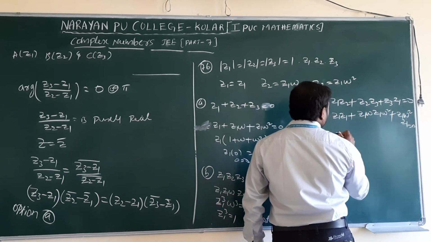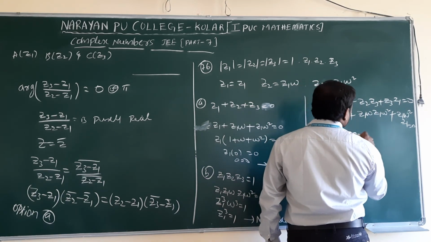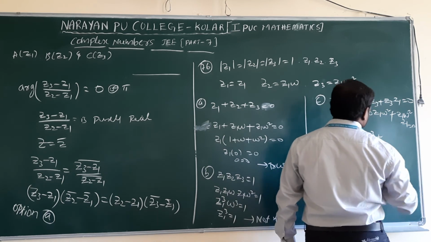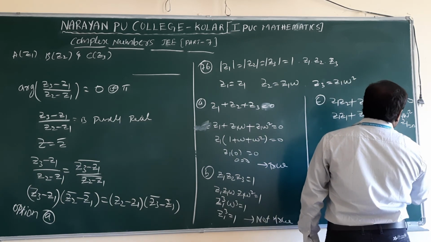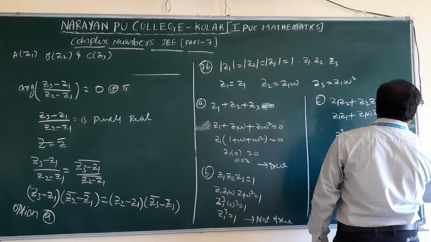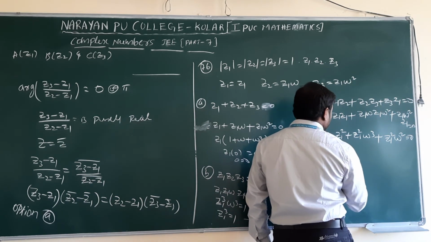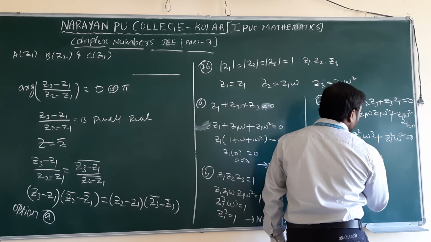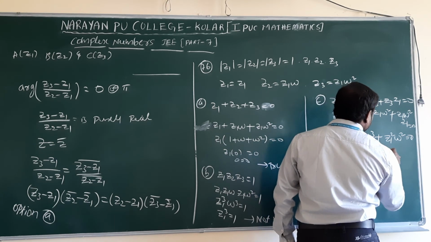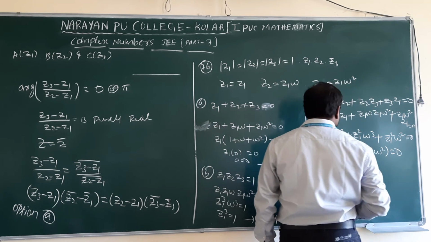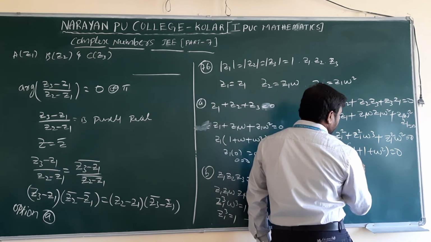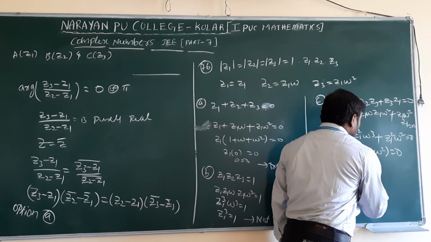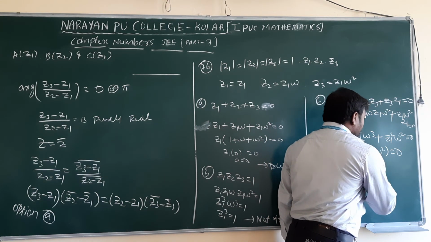So Z1 square plus Z1 square omega cube plus Z1 square omega square. Taking Z1 square common, the remaining is 1 plus omega plus omega square, which is equal to 0.